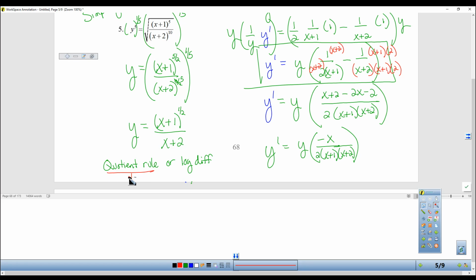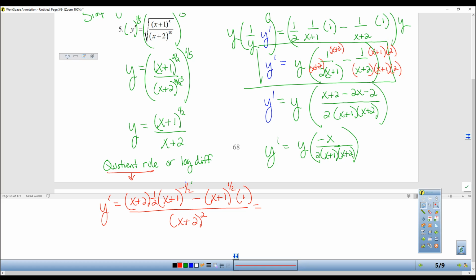So now using quotient rule, this would be the bottom times the derivative of the top. Oh, I already don't like it. I'm getting a negative 1/2 minus the top times the derivative of the bottom all over the bottom squared.